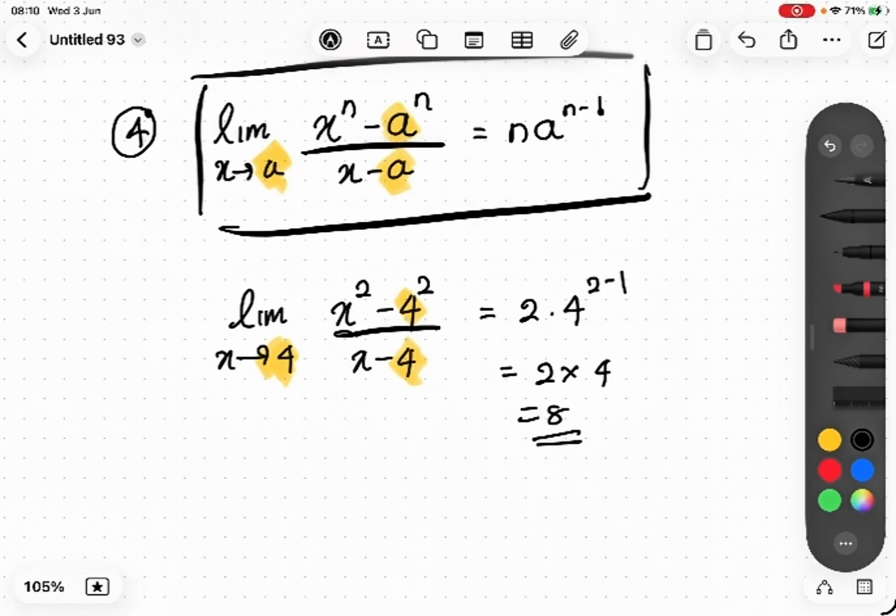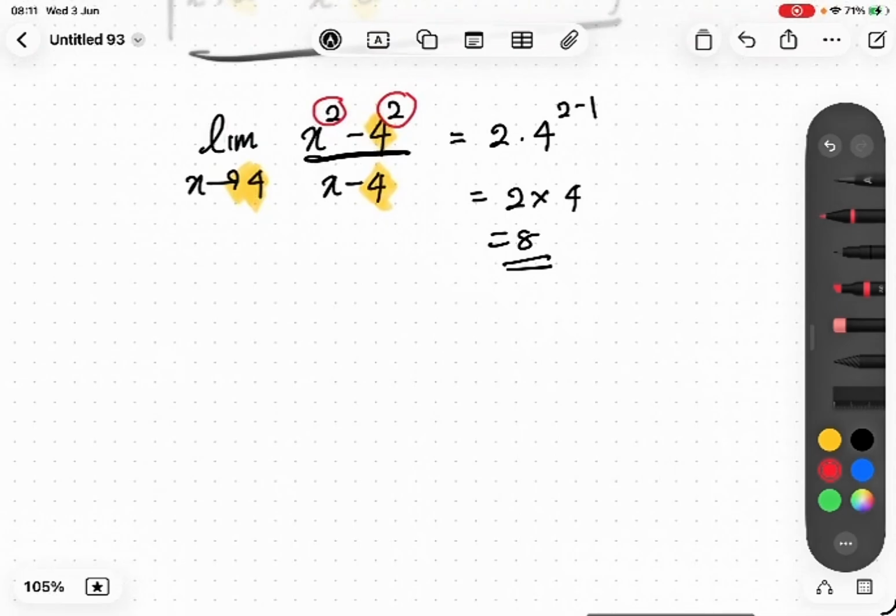So this value and this value should be the same thing, for x squared minus 4 squared over x minus 4 when x tends to 4. That is the way it should be. Another example, the limit of x to the power 3 minus 5 to the power 3 over x minus 5 when x tends to 5.